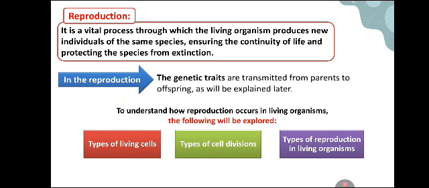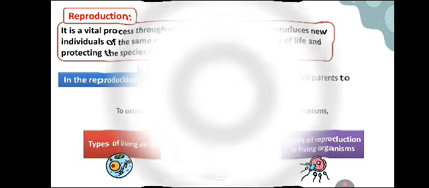Types of living cell: as we studied, we have different cells like animal cell and plant cell, but in this lesson we are going to learn that there are somatic cells and reproductive cells. Types of division: there are two types of division we are going to learn in this lesson, and the types of reproduction also. Let's start with the types of cell.